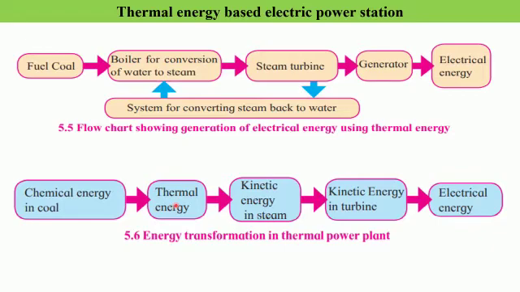When you heat water, it is thermal energy, and the water gets converted into steam, and this steam has got kinetic energy because it is moving and coming out of a small nozzle, and it is falling onto the turbines. So kinetic energy in steam, then the kinetic energy in turbine, and finally electrical energy is produced. So this is the energy transformation that takes place in a thermal power plant.